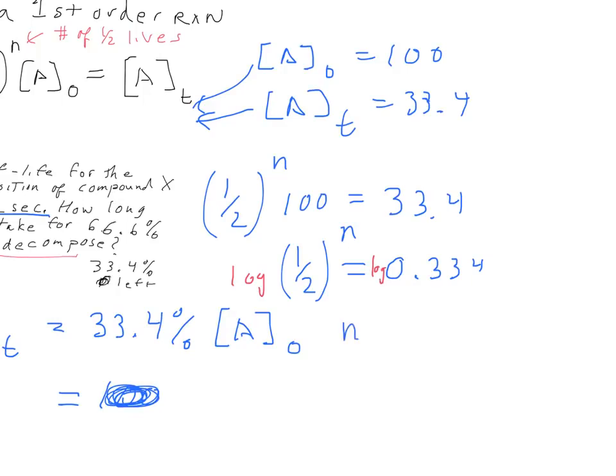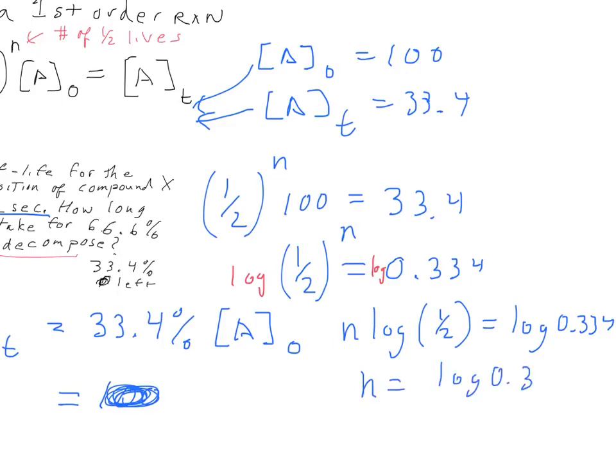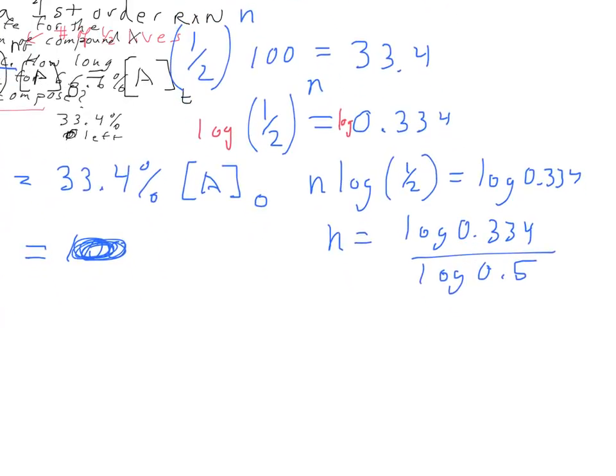So now you have n times the log of 1/2 equals the log of 0.334, which means n equals the log of 0.334 divided by the log of 0.5.